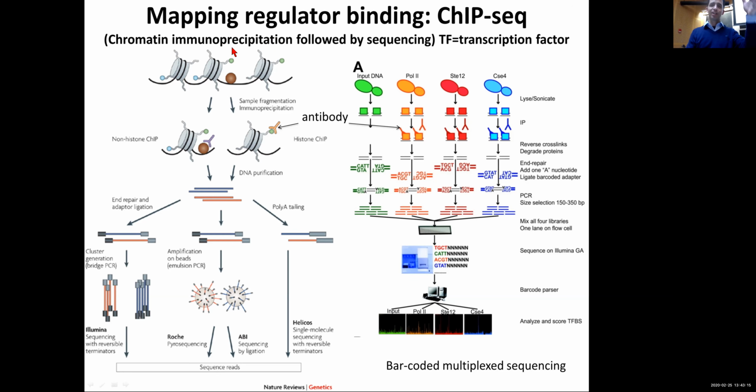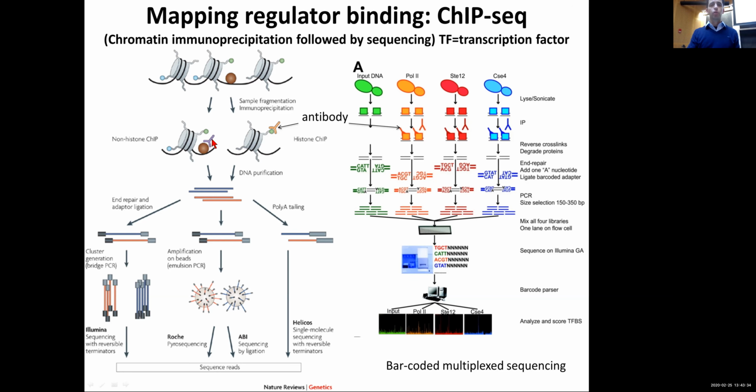Immuno means you're using an antibody to precipitate, to bring stuff down. So immunoprecipitation basically means I'm going to use an antibody to bring down chromatin. So that's what ChIP means.